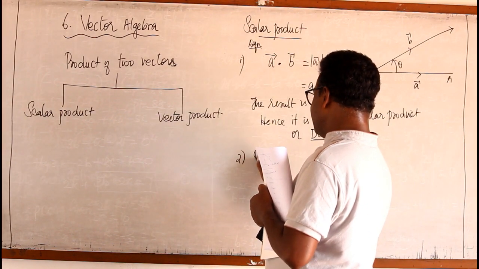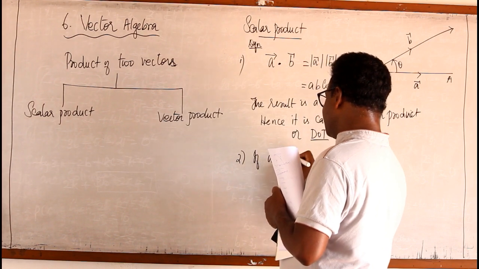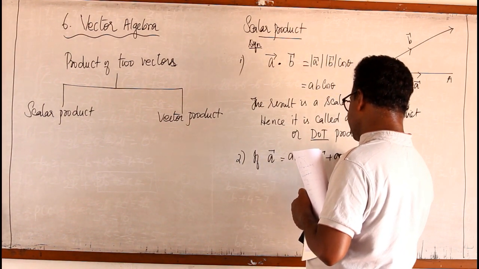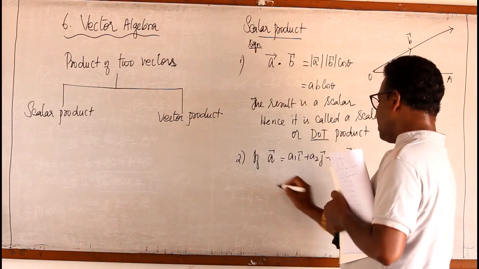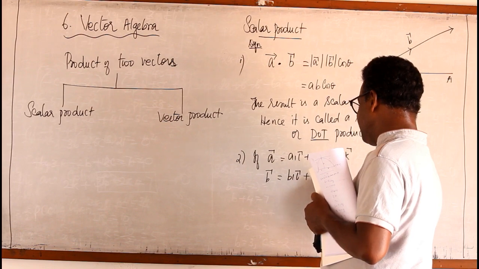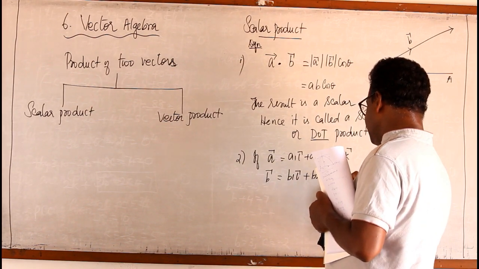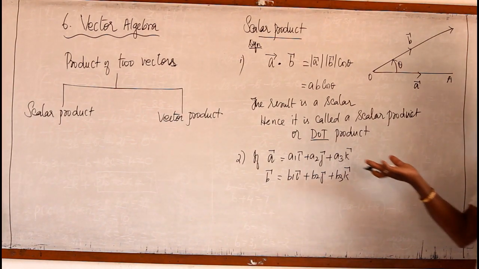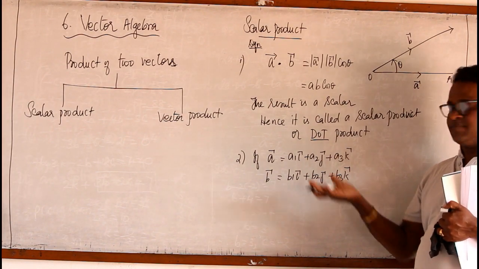Second one, suppose A vector is given as A1 i plus A2 j plus A3 k and B vector is defined as B1 i plus B2 j plus B3 k. Then we say the vectors are given in terms of components.